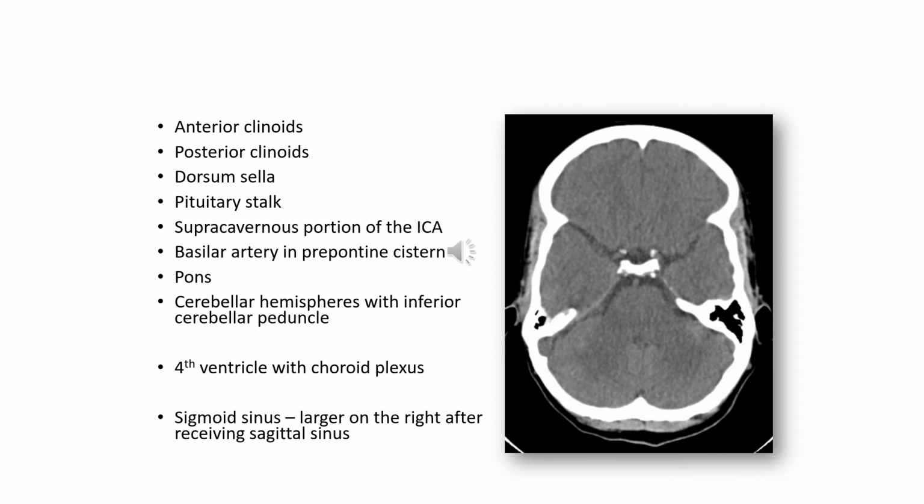You can see that the right sigmoid sinus is usually larger than the left sigmoid sinus, and again this is why the right internal jugular vein is usually a little bit bigger than the left internal jugular vein.